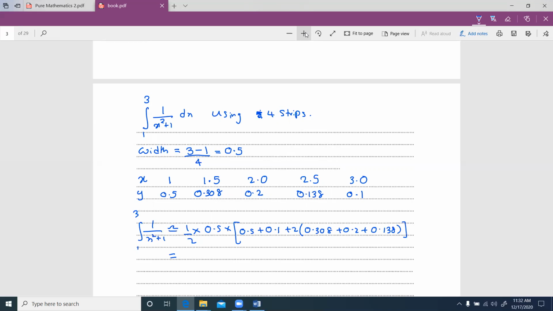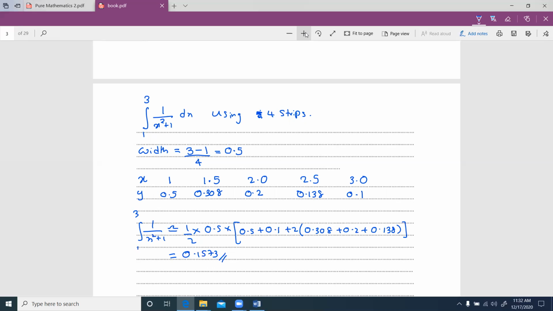So that is 0.5 into 0.5 into 0.5 plus 0.1 plus 2 times 0.308 plus 0.2 plus 0.138. Let's see whether this answer is correct.